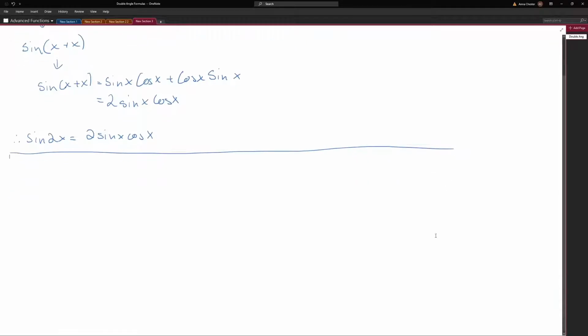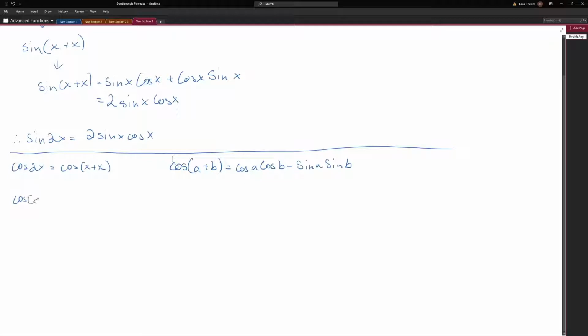Now we should do our cosine double angle. So again, let's do the same strategy. Cosine of 2x is equal to cos of x plus x. Now I'm just going to write down what cos of A plus B is equal to. Cos of A plus B is equal to cos A cos B minus sine A sine B. Now that we have this, we can once again substitute those values in.